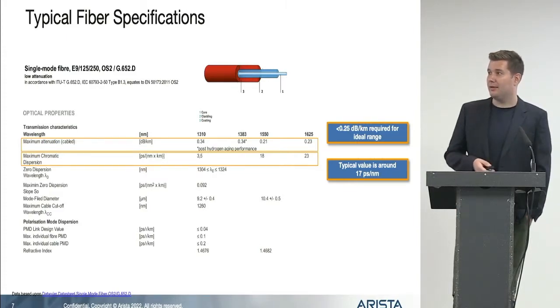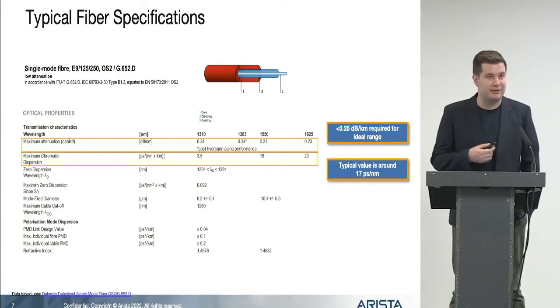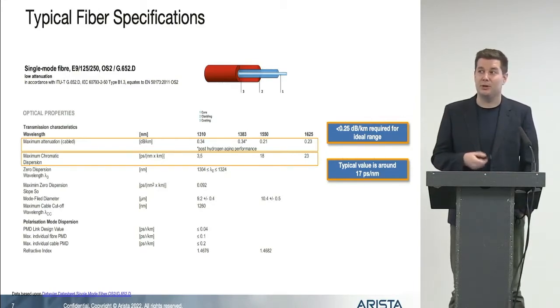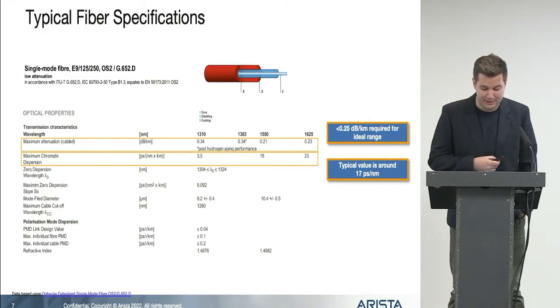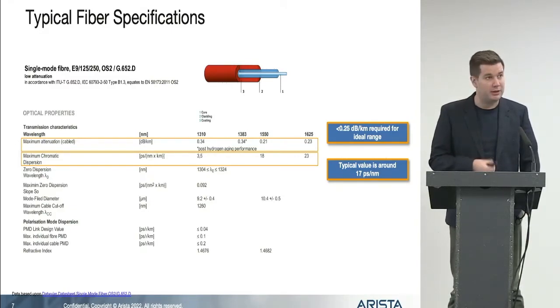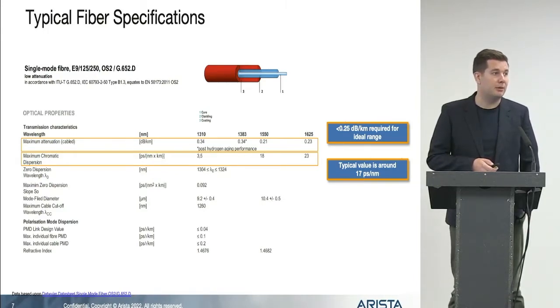But within OS2, I believe there are two different ITU standards. So there's G.652C and G.652D. G.652D is the one you want, which has finer tolerances, and you'll see here we need to be under 0.25 dB of loss per kilometer. And ideally, we want to be around the 17 picoseconds per nanometer range in chromatic dispersion.